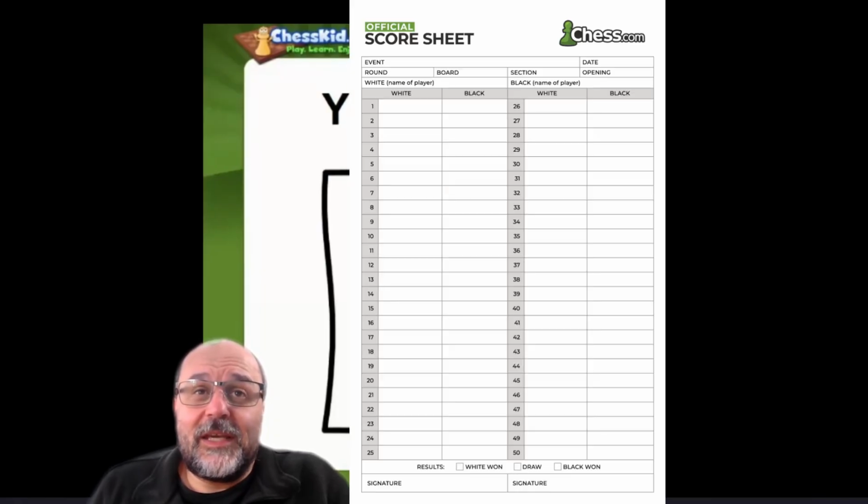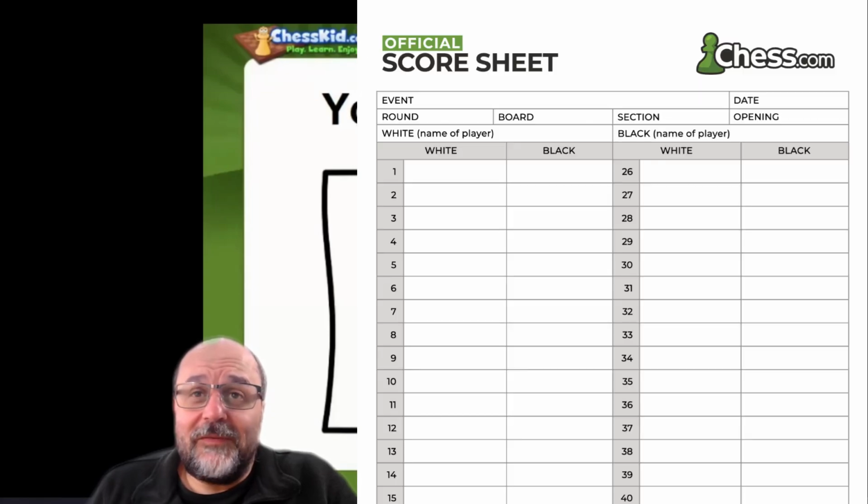So there you can see where you've got boxes and space to write the details about who your opponent is, your details, what the event is about, and also the white moves where you can record those, the black moves where you can record those, and you can see it's quite detailed, but it does come in really handy when you finish your game that you can go back and analyze it as well.